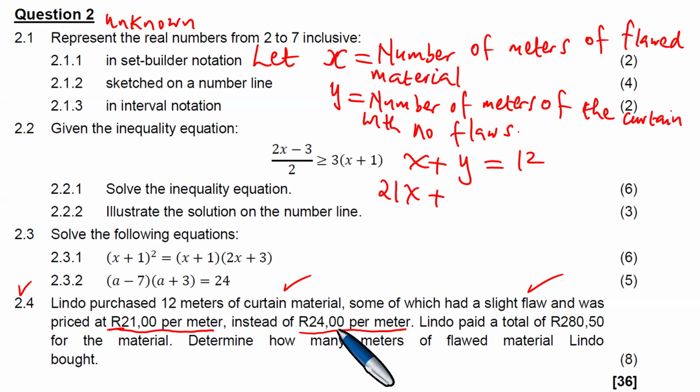The one that is okay, the standard price, is 24 Rand per meter, which means you multiply Y by 24, because Y is the curtain with no flaws. And then what is the total of everything? Linda paid a total of 280 Rand and 50 cents for the material. So if you add the money for the curtain with flaws and the one with no flaws, everything is 280 Rand and 50 cents.